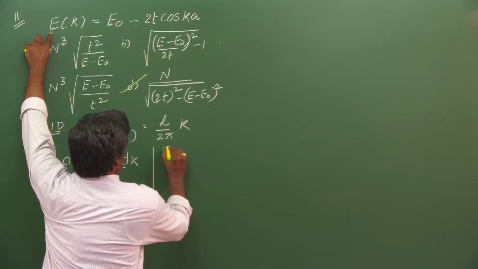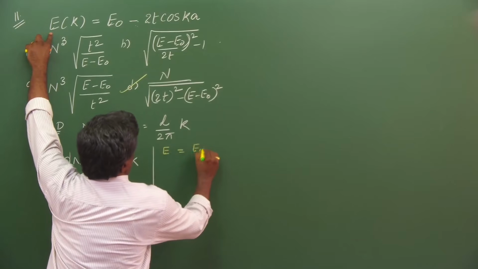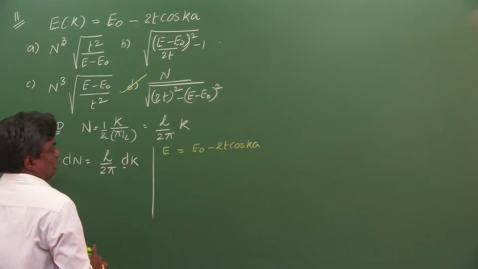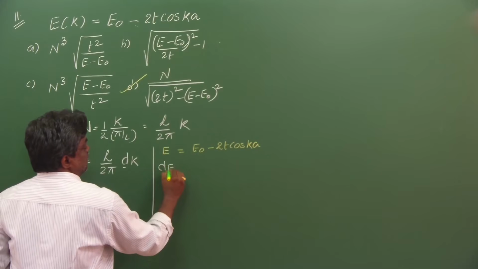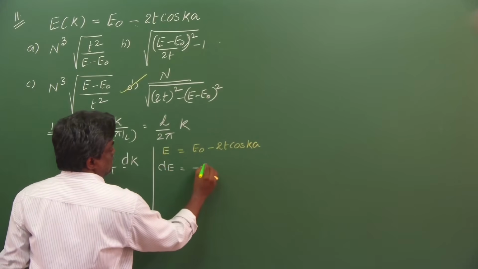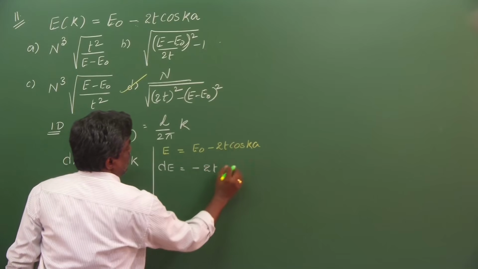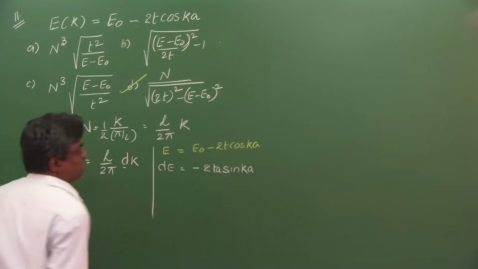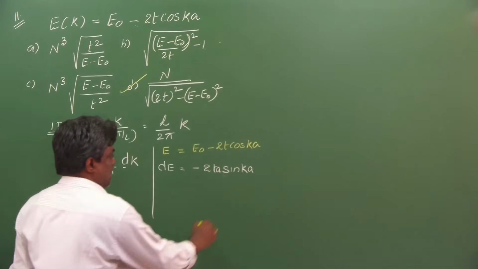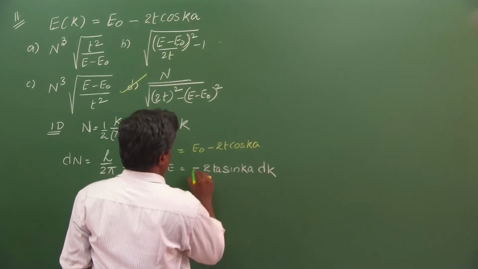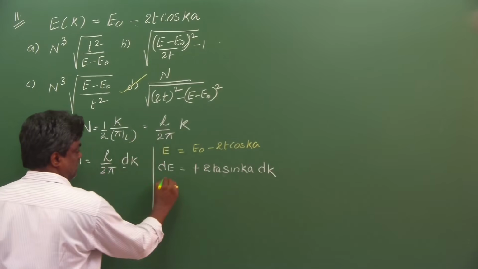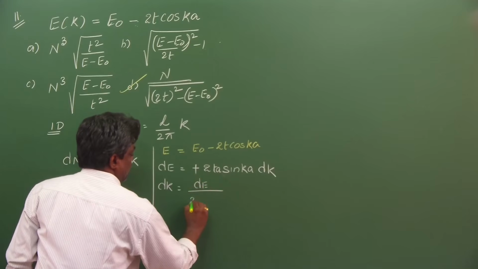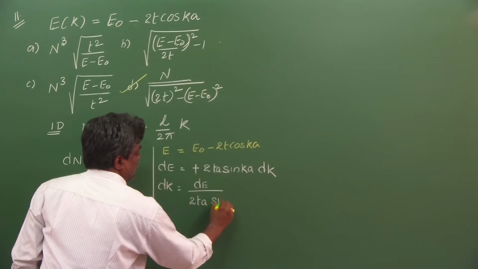For that they have given a dispersion relation E equal to E naught minus 2t cos ka. From this I can find dE: E naught is a constant, minus 2t, differentiation of cos gives sin ka into a, so minus 2ta sin ka into minus, that is plus, into dk. Now dk equal to dE by 2ta sin ka.